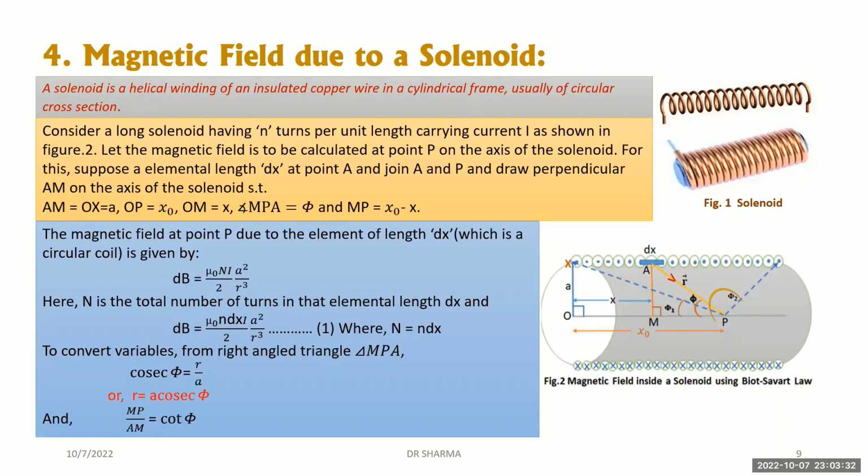Next, we want to convert dx, and x variable is included in side MP of the triangle MPA. So we use the trigonometric ratio MP upon AM, that is b upon p, which is cot phi.